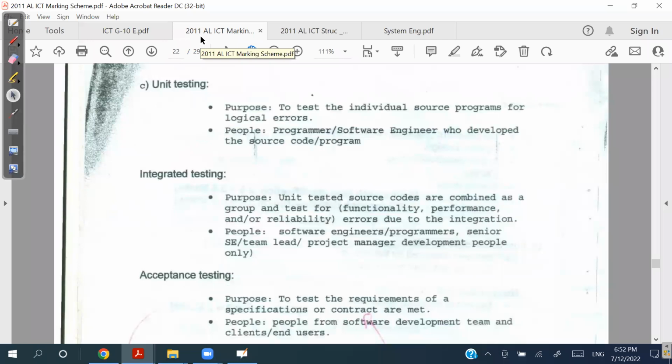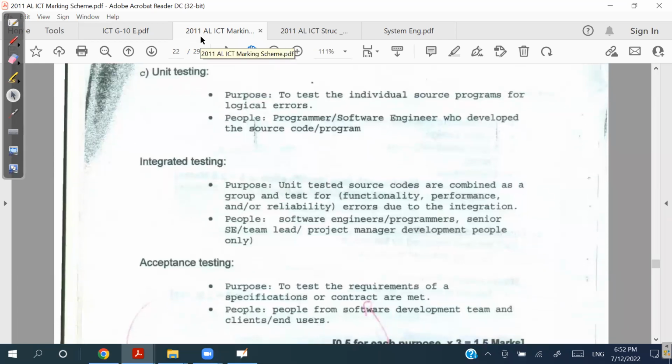And integrated testing, the purpose is unit tested source code are combined as a group and test for errors due to the integration, right? That idea should be there, right? And the people who are involved in this are the software engineers, senior software engineers, team leads, those kind of people, project managers.